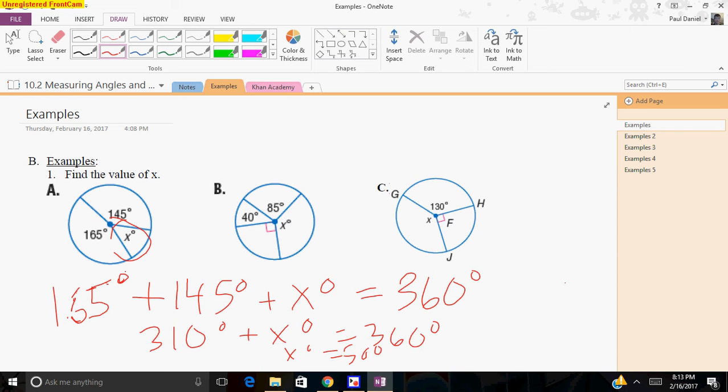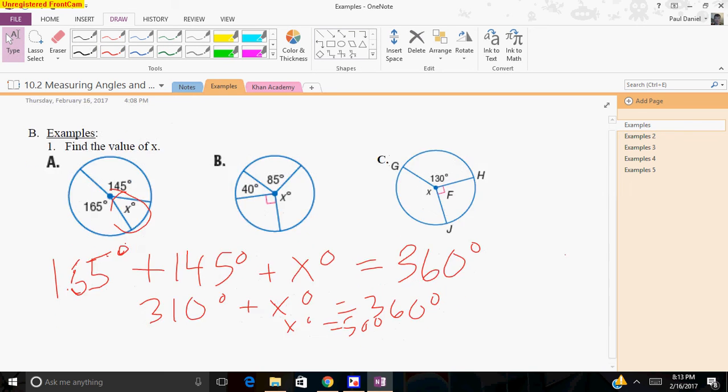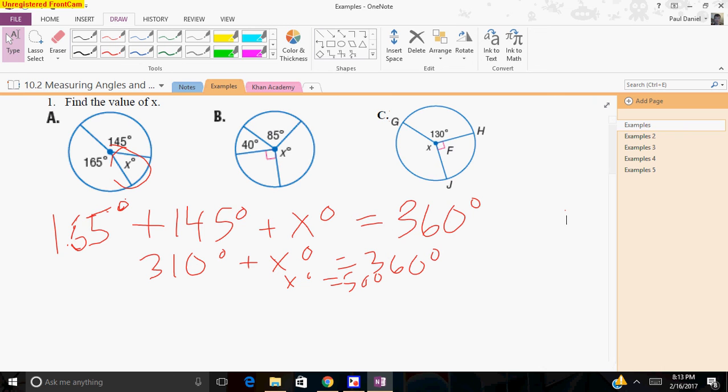Okay, let's talk about the next one. In part B, I'm given an 85-degree angle and a 40-degree angle. Oh, and that little symbol right there I know means 90 degrees. And then I need to find x.